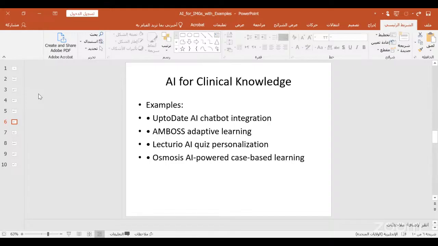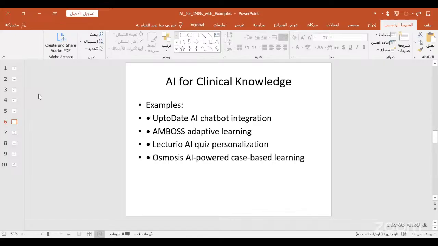And then we also have Amboss, adaptive learning. Amboss has a free library as well as a subscribed library. The subscribed library is much better than the free one, and there are a lot of AI tools that you can use in the subscribed tool. Lecturio, AI quiz personalization.